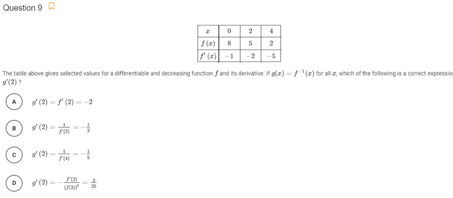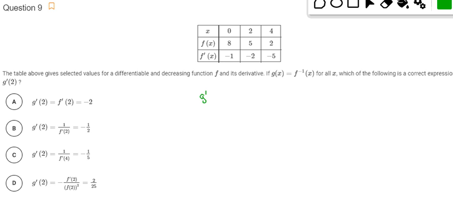All right, number 9. We've hit our halfway point here. I got cut off again. Let's see, G prime of 2. So once again, knowing that G and F are inverses, it's going to be the reciprocal of F prime of G of 2. In order to find G of 2, we want to use the fact that F of 4 equals 2.